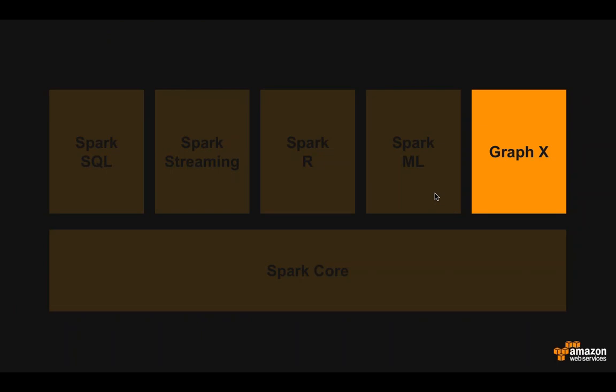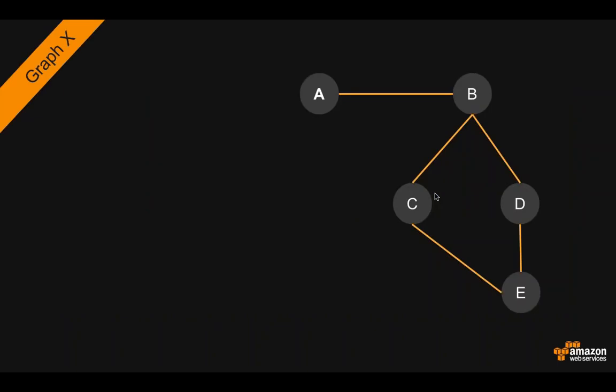Now, one of the lesser known modules of Spark, and probably because it's really still in its infancy, but I wanted to mention it here just for completeness, is GraphX. Now, GraphX is a graph processing engine that can help you to analyze the relationships between entities.